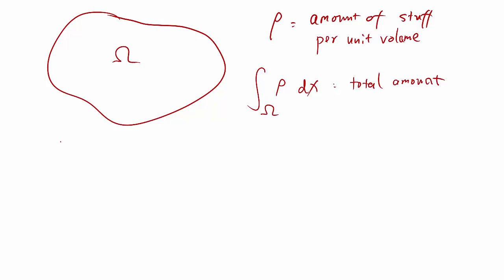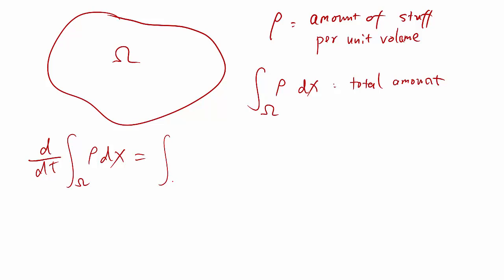Conservation says that the derivative of the total amount is zero if there is no influx or outflux through the boundary, and if there are no source terms like a chemical reaction that increases the energy or the number of moles within that volume. If there is an inflow and outflow through the boundary, that can also be accounted for.